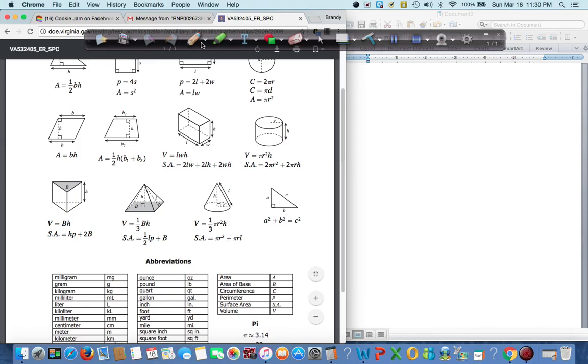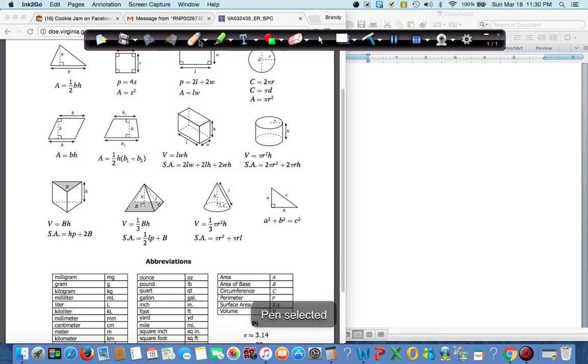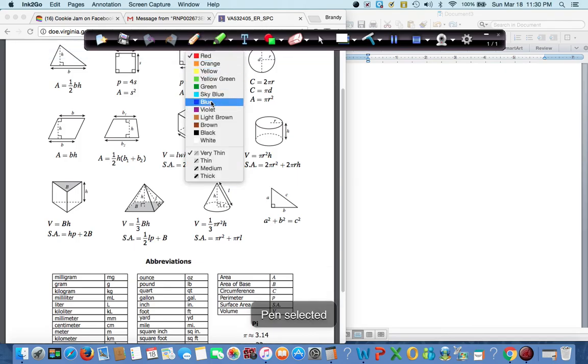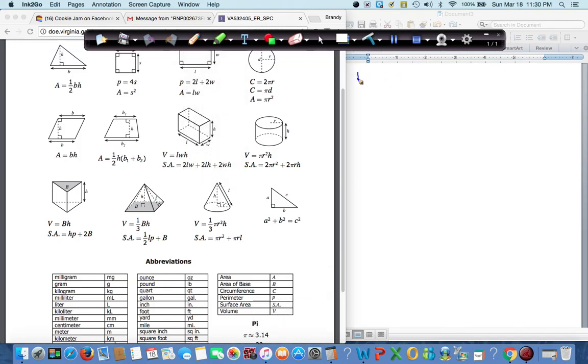So I'm going to write this. We'll choose a different color. Let's see, blue. So if I'm looking for my triangular prism, I want volume equals big B times H. And again, that's just what I've been saying about all of them, which is the area of the base times the height. Now, how do we find the area of a triangle?